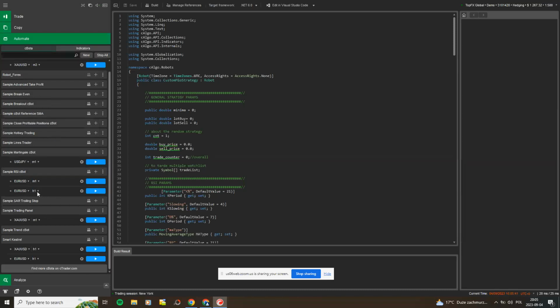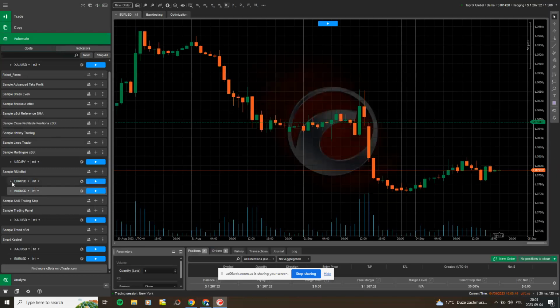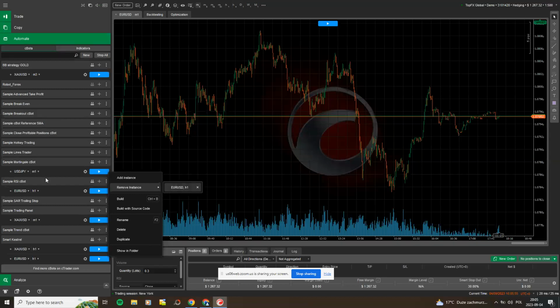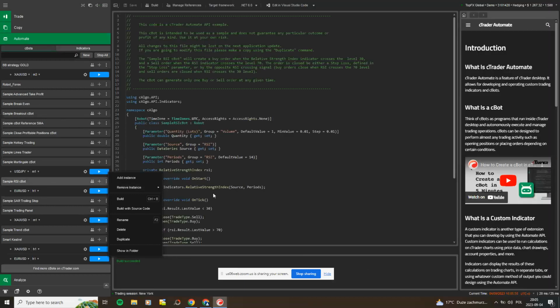Now let's stick it to the EURUSD chart. Okay, that's the hourly chart. So let's get rid of this instance, for example the 1 minute instance, and leave the 1 hour instance. Okay, and now let's play the 1 hour cBot instance.